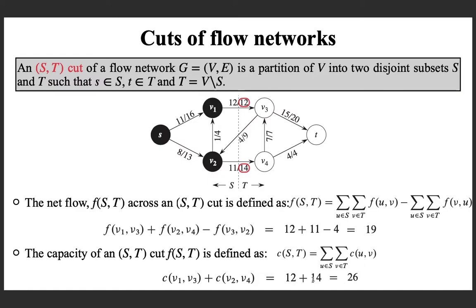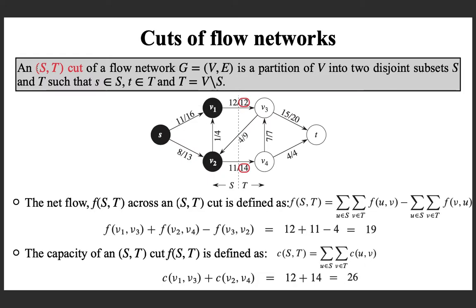What we discussed now is that an ST cut is a partition of the vertex set into two disjoint subsets S and T such that the source vertex is in the first set and the sink vertex is in the second set, and also the sets are disjoint. That is an ST cut. And why the name ST?